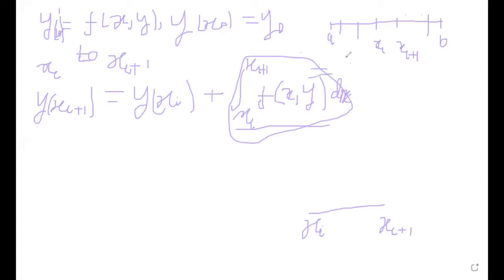So I can represent it by g(x). Suppose g(x) is equal to y prime(x). If y is a function of x, then of course its first derivative will also be a function of x. So our problem is now reduced to finding this integral.